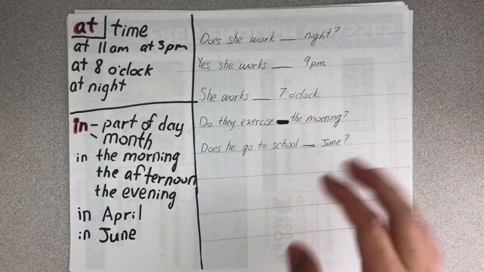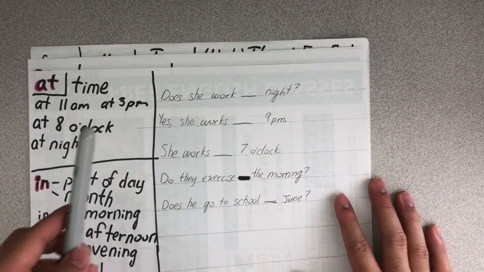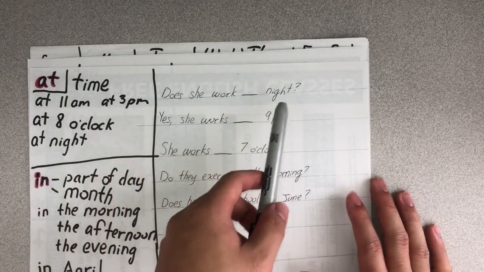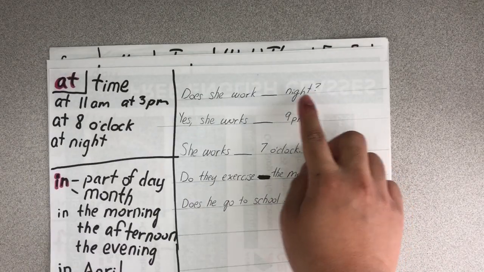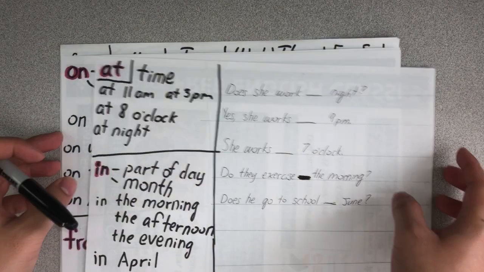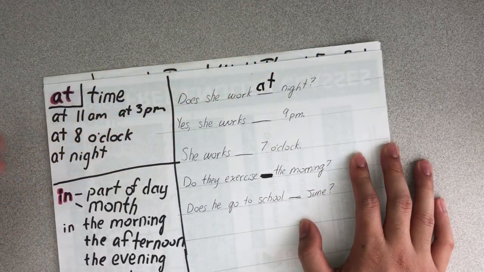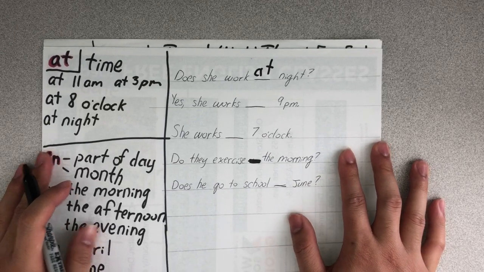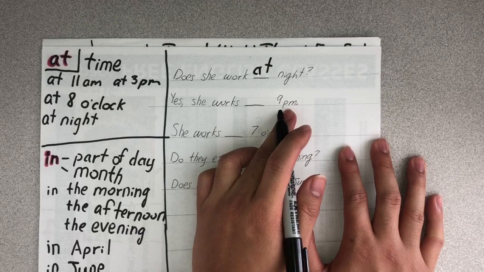So let's practice with some words with at and in. Does she work at night? So we know with night, it has to be with at. Yes, she works at night. And here we have a time that is a number.